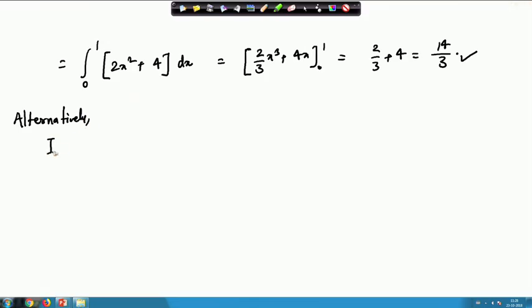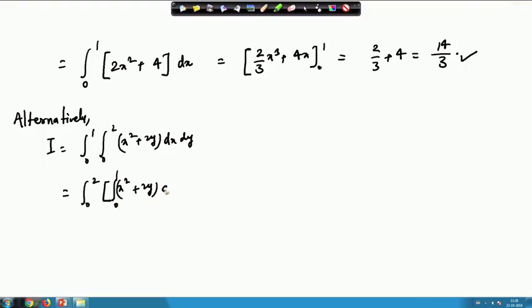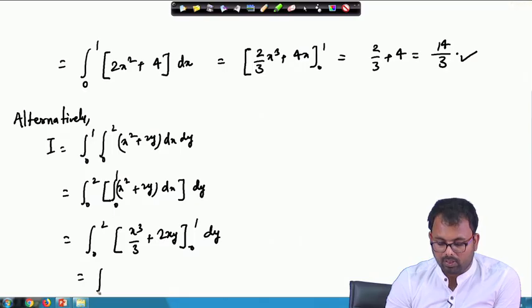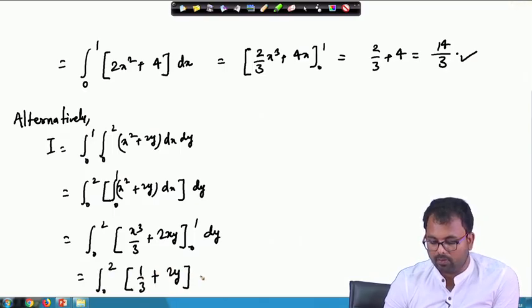Alternatively, we can do I equals the integral from 0 to 1, integral from 0 to 2 of x square plus 2y dx dy. Here, if I integrate with respect to x first, then I get x cube by 3 plus 2xy from 0 to 1, dy, and this will be the integral from 0 to 2 of 1 by 3 plus 2y dy.